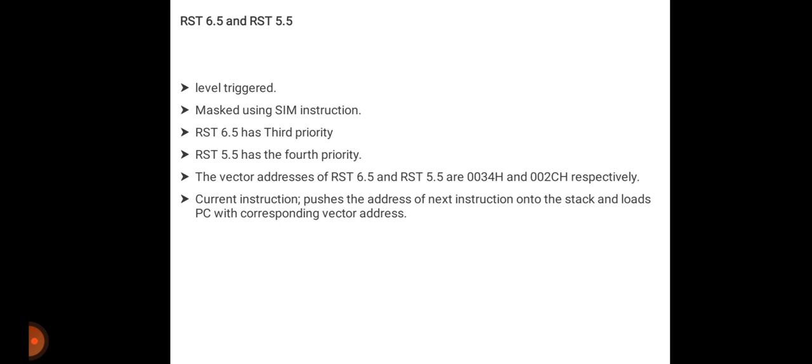The vector addresses for 6.5 and 5.5 are 0034H and 002CH respectively. After recognition of RST 6.5 and RST 5.5, the 8085 completes its current instruction, pushes the address of the next instruction on the stack, and loads the program counter with the corresponding vector address.